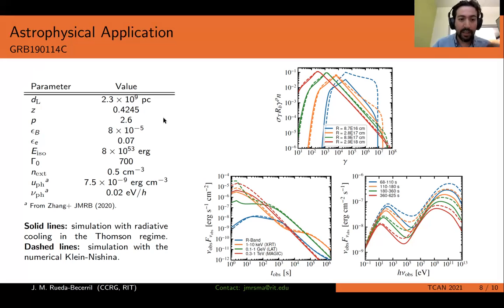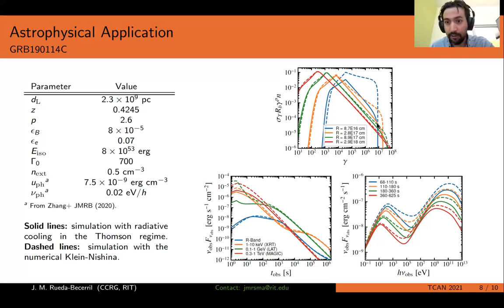So I picked that object, and I also picked a monochromatic incoming photon field, plus the synchrotron photons that were produced in situ. And I let the system evolve, and what I get is something very interesting that was also expected to happen.